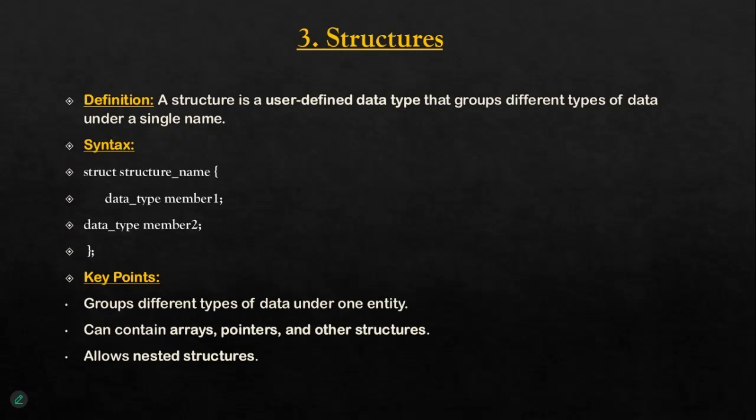Members can have data types such as int, float, or character. It can contain arrays, pointers, and other structures also. It allows nested structures. A nested structure means a structure under a structure.